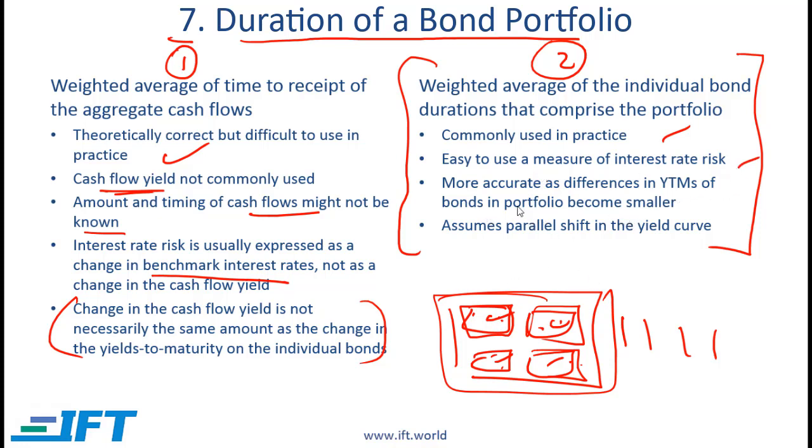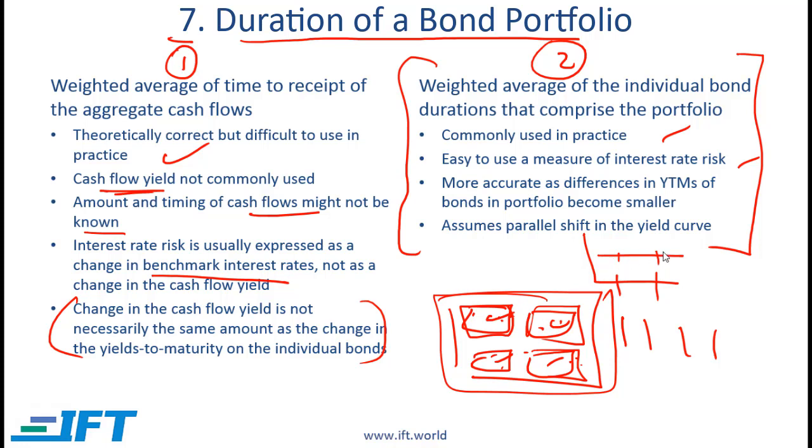This method becomes more accurate as differences in YTMs of bonds in the portfolio become smaller. In other words, if you have a flat yield curve where the yield on shorter term bonds and longer term bonds are equal, that would imply that the yields across different bonds are similar.